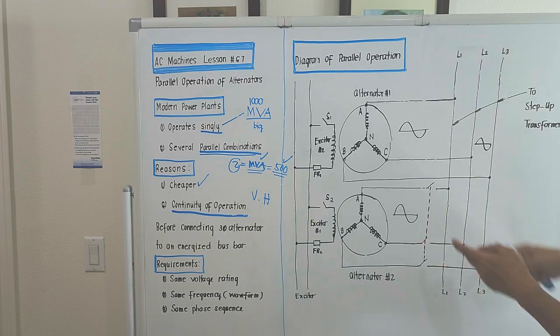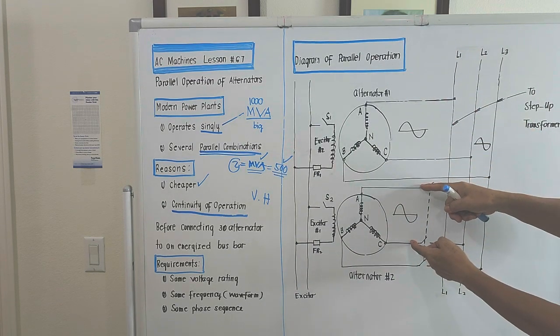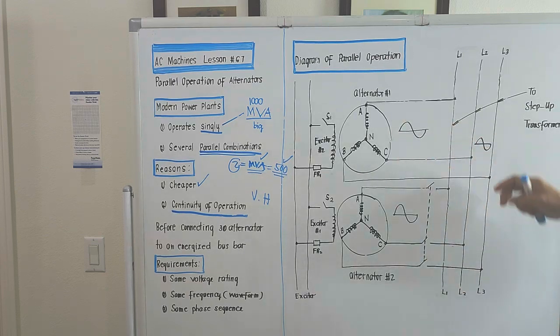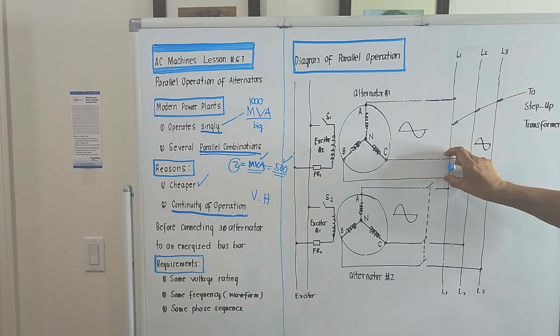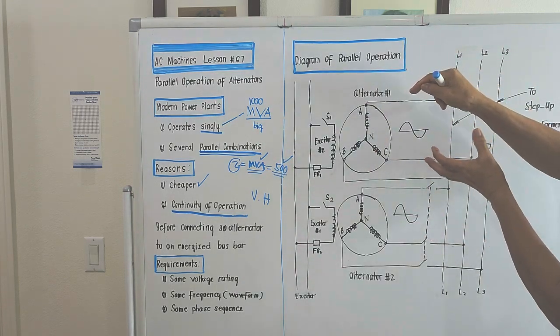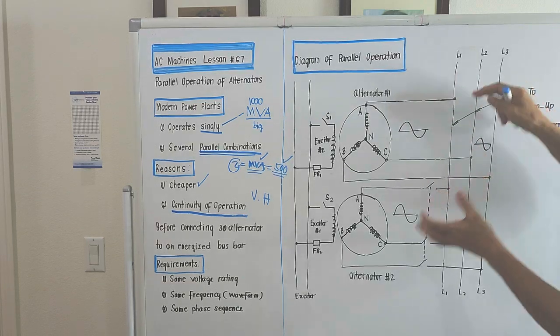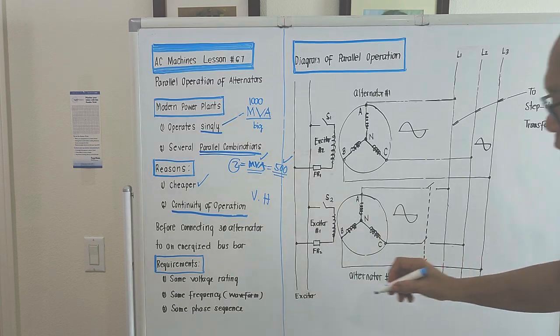So it's a must that the voltage across here should be equal to the voltage across here, for all 3 phases, meaning line 1 to 2, line 2 to 3, and line 1 to 3, should all be the same for the connected alternator and the incoming alternator. So that's the first requirement.